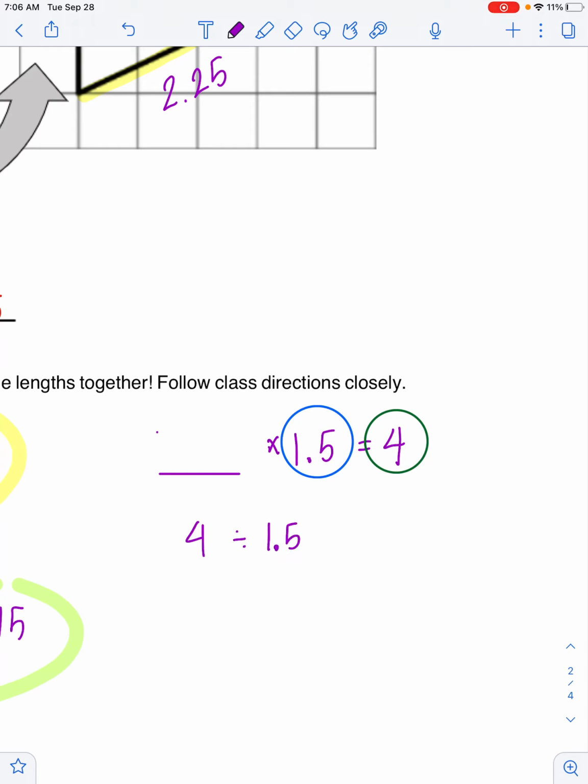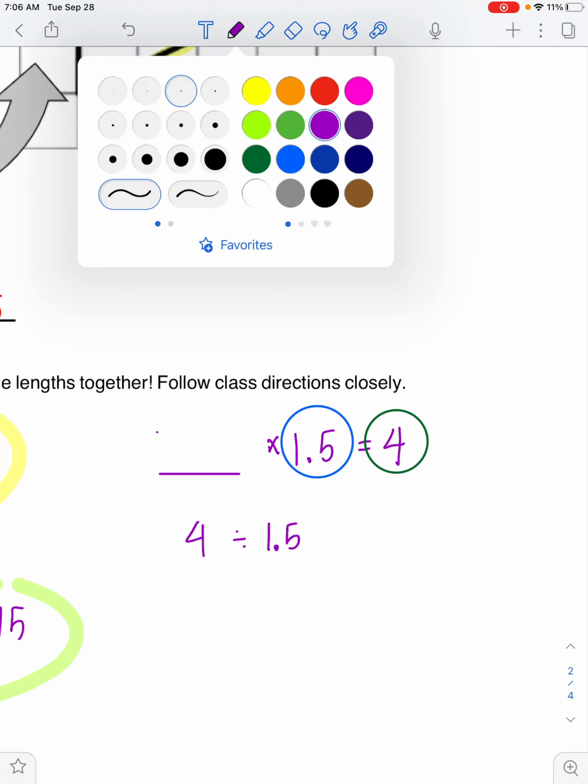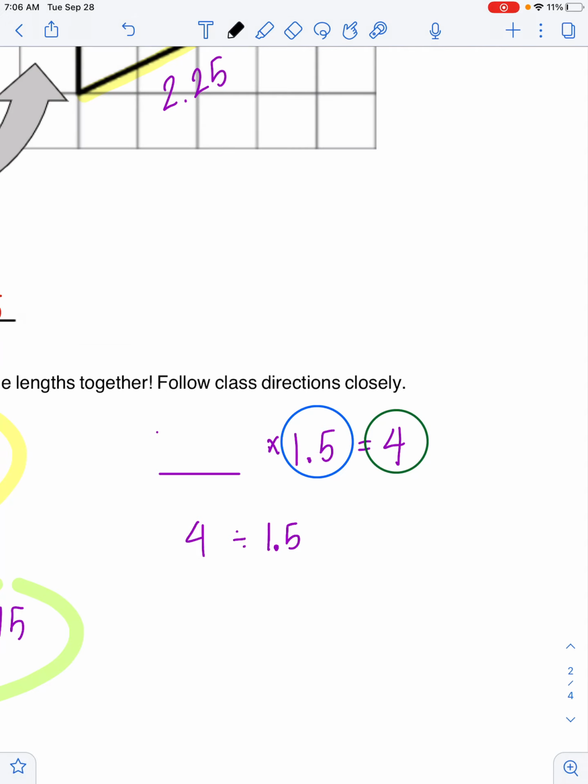And if I divide 4 by 1.5, I can determine what that missing side length is, because all I did was take the product that I knew and divide it by the factor I knew to tell me the missing factor, which in this case is equal to 2.6.